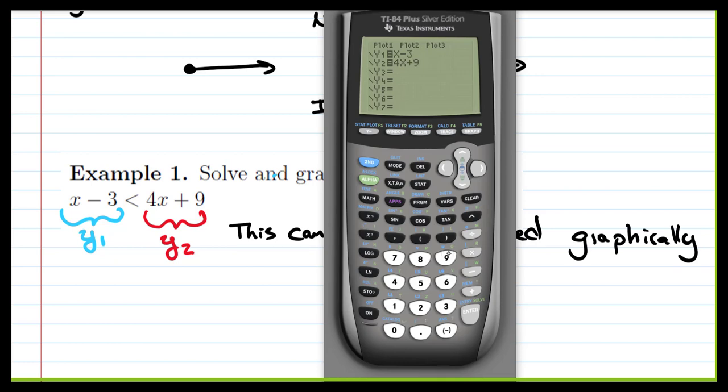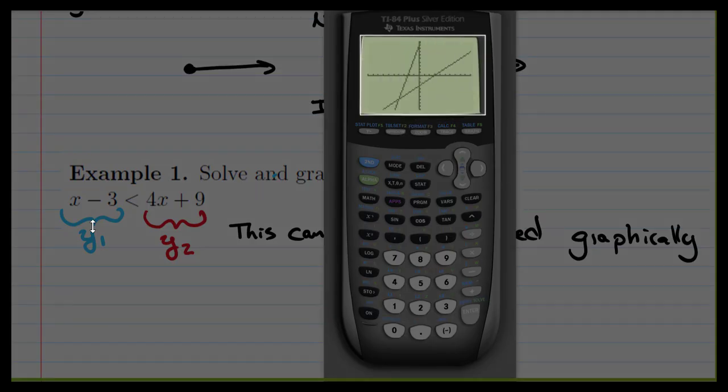So now if I go ahead and graph this, it now graphs y1 and y2 on my same axis.